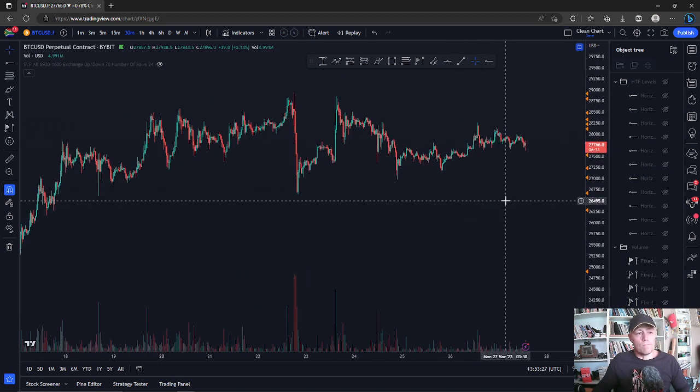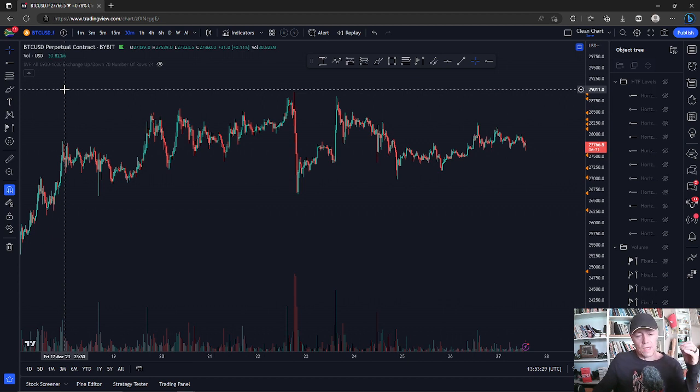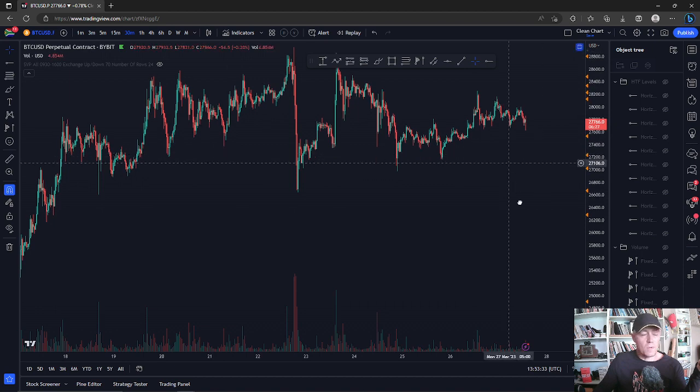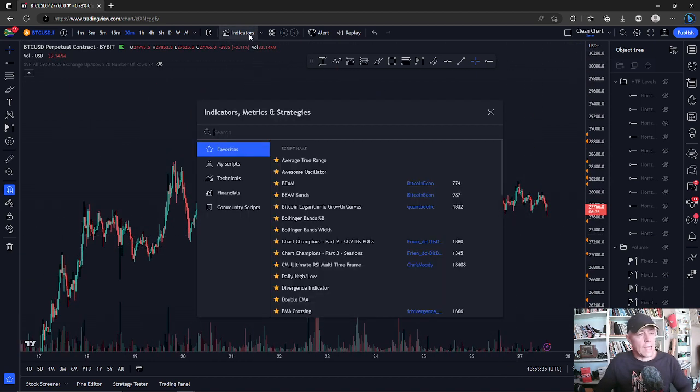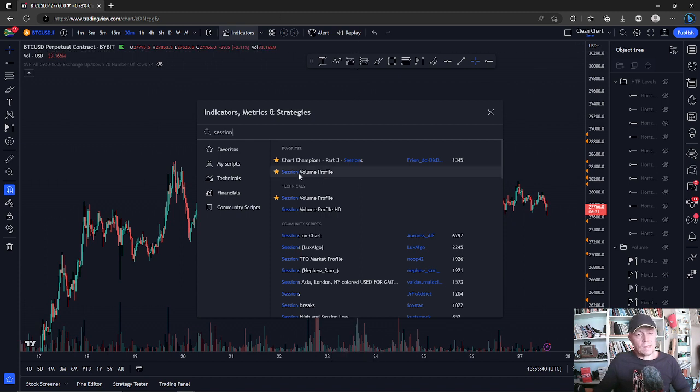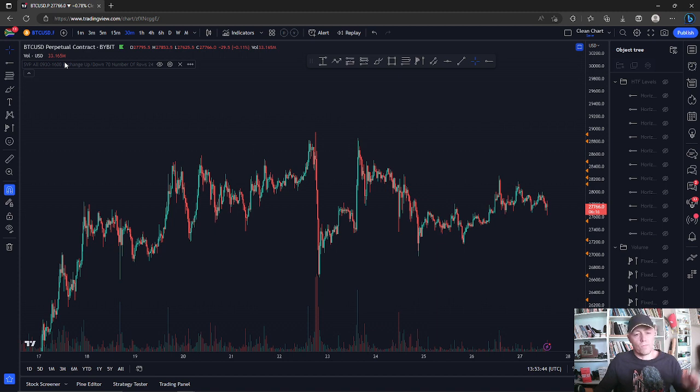Okay, so what you can do if you've got the paid version or a pro version of TradingView, you can go to your indicators and just turn on session volume profile. That session volume profile will basically give you sessions from when the trading session opened at 12 o'clock UTC to when it closed at 11:59 UTC.